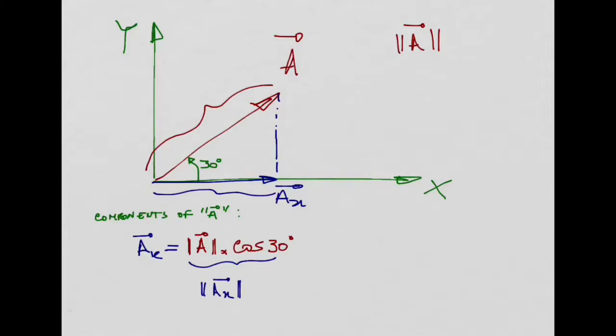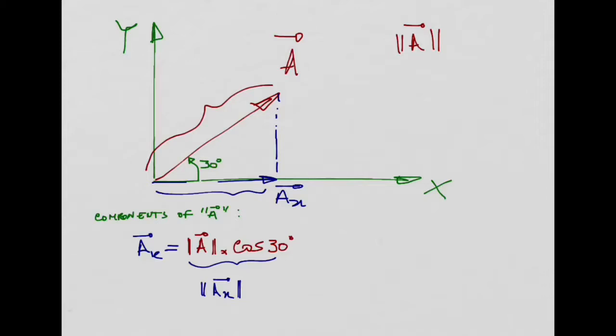The norm is always the intensity, or the value, or the length of the vector, right? So it gives me this length here. This length is the norm of this vector AX in blue, which is basically the projection. So the norm of A cosine of 30 degrees is the projection of vector A on the horizontal axis.